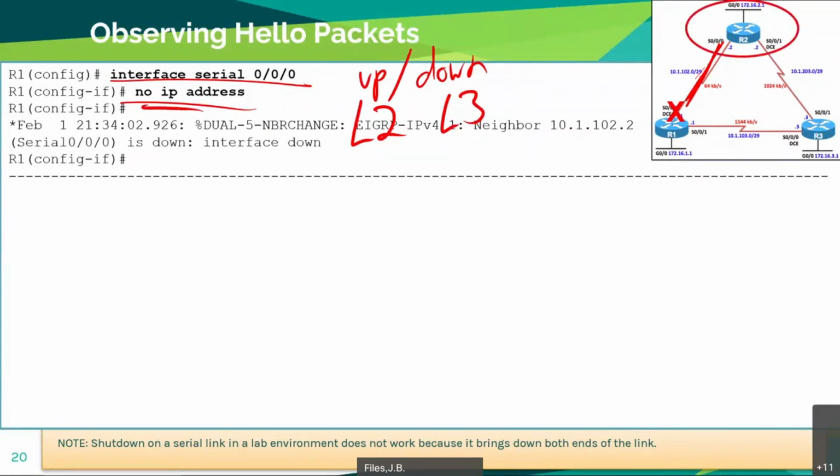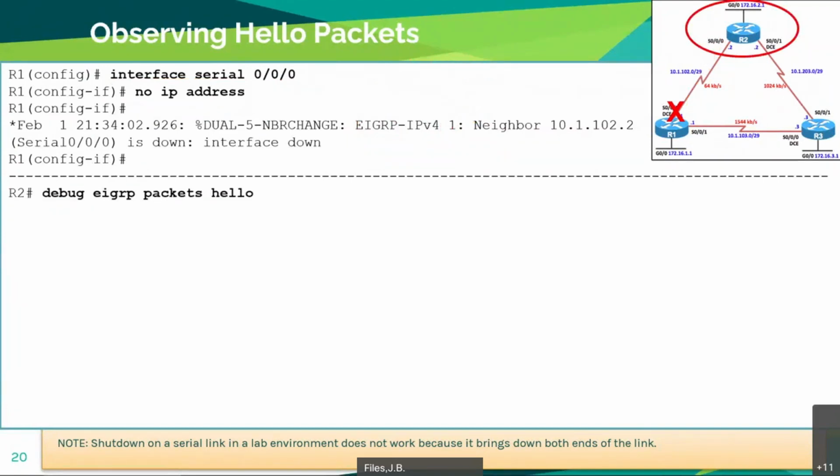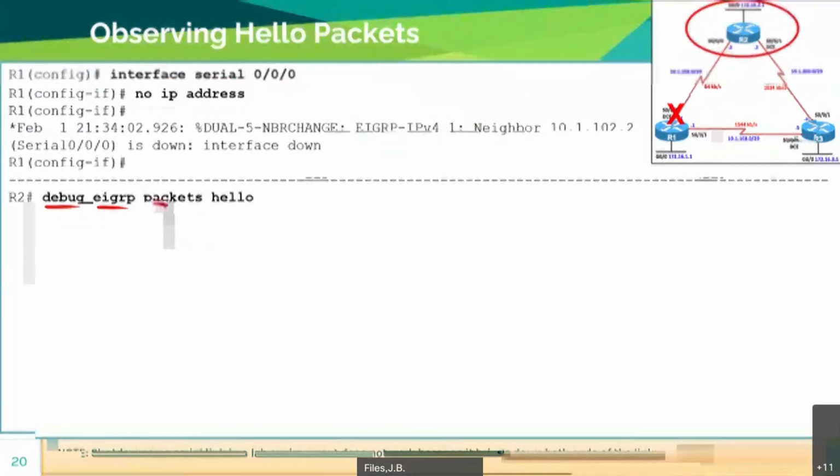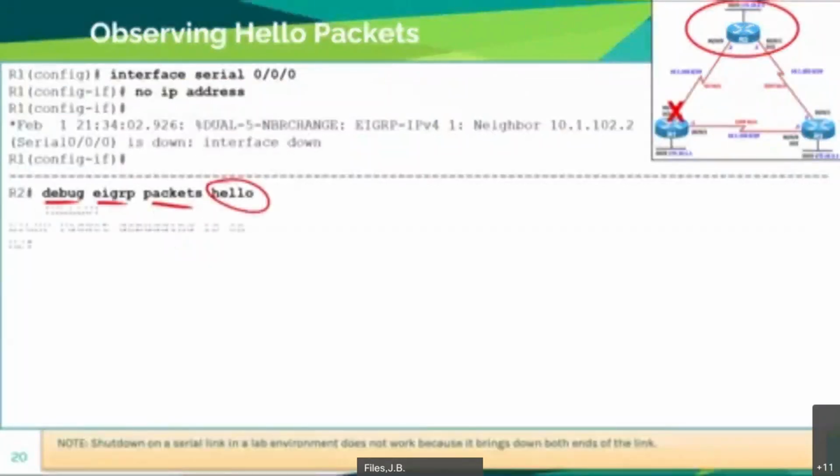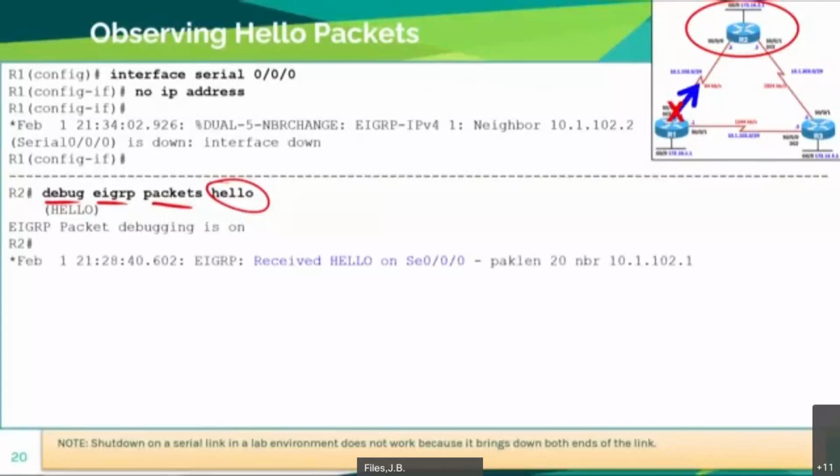Okay, and so now we can see what's going to happen if we do a debug eigrp packet hello. Again, debug EIGRP related stuff, EIGRP packets, and specifically hello packets. Turns on. So we received a hello from R1.